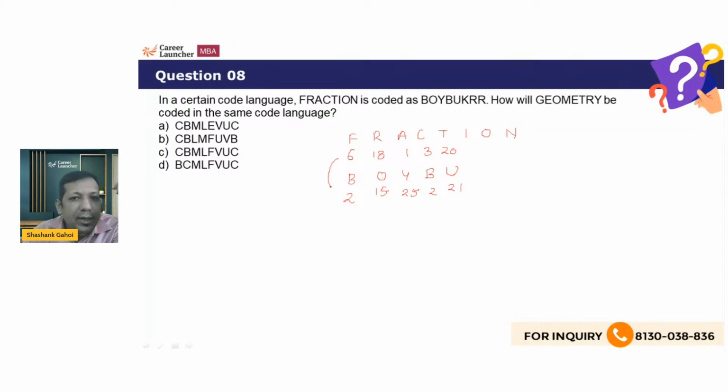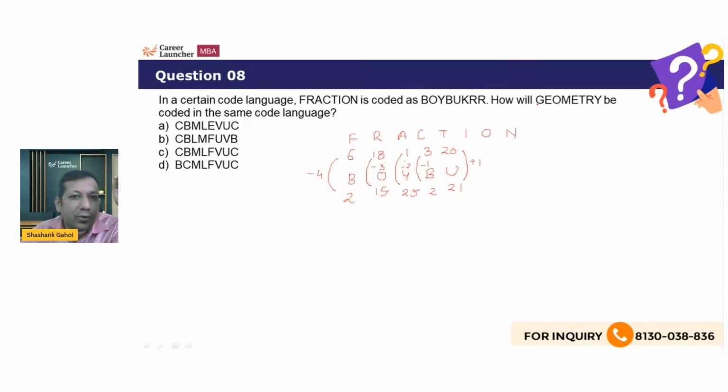So basically, in the first letter, there is a decrement of 4. In the next letter, there is a decrement of 3. In the next, a decrement of 2. In the next, a decrement of 1. And after that, directly, there is going to be an increment of 1. There is no increment of 0. So starting with -4, then -3, then -2, then -1, then +1, +2, +3, +4.